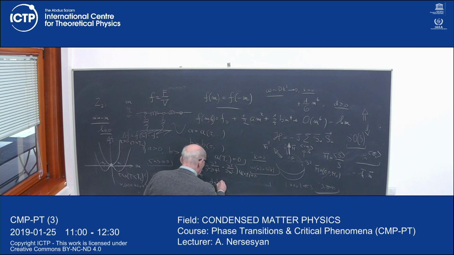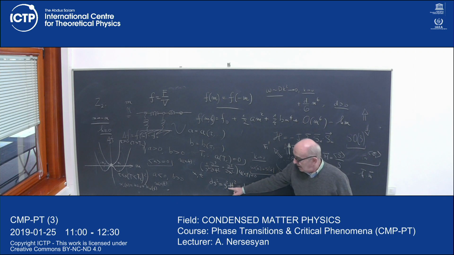And this is how this element looks like. It's the famous interval in Einstein's relativity theory, with the only difference that instead of the speed of light, c, I have the sound velocity.